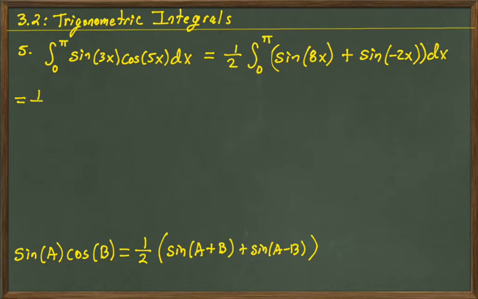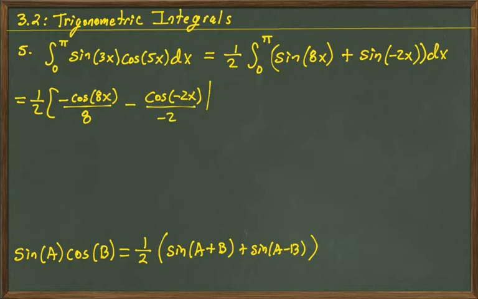So it's going to be 1/2 times negative cosine of 8x over 8, minus the cosine of negative 2x over negative 2, evaluated from 0 to pi.